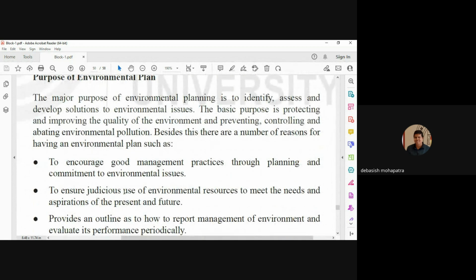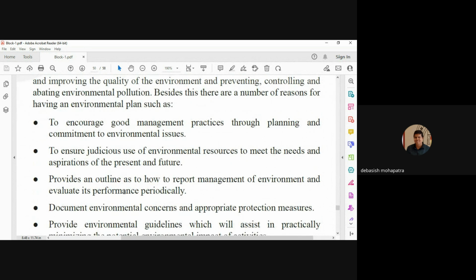Purpose. What are the main purposes of the environmental plan? To encourage good management practices through planning and commitment to environmental issues. To ensure judicious use of environmental resources to meet the needs and aspirations of the present and future. Provide an outline as to how to report management of the environment and evaluate its performance periodically.